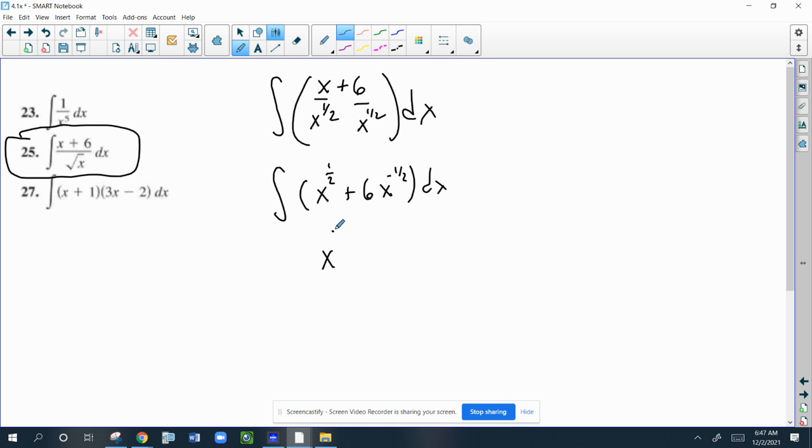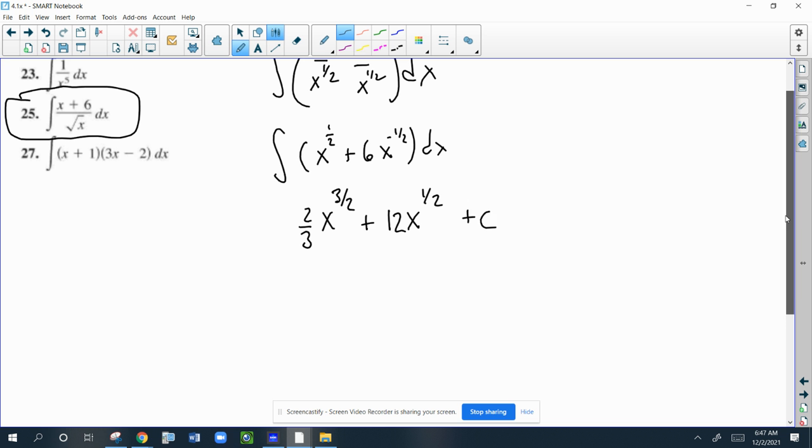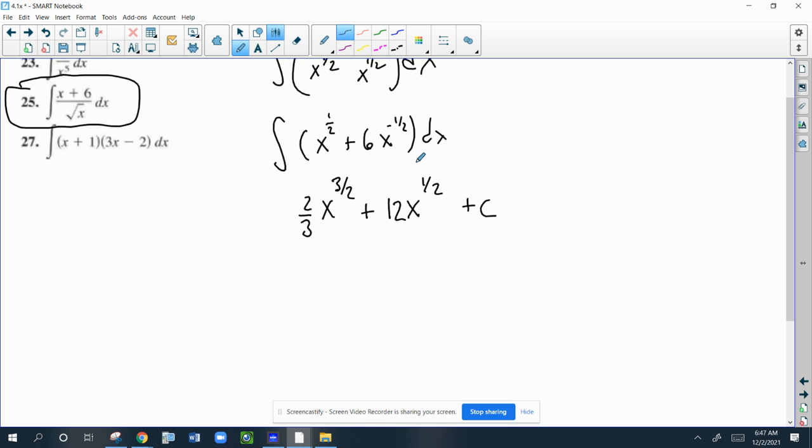So you add 1, multiply by the reciprocal, plus add 1, multiply by the reciprocal, which would be 2, plus c. Now, for differentiation, we did a lot of simplification.